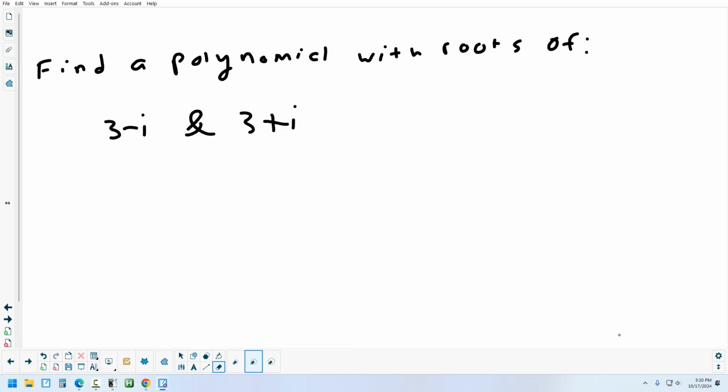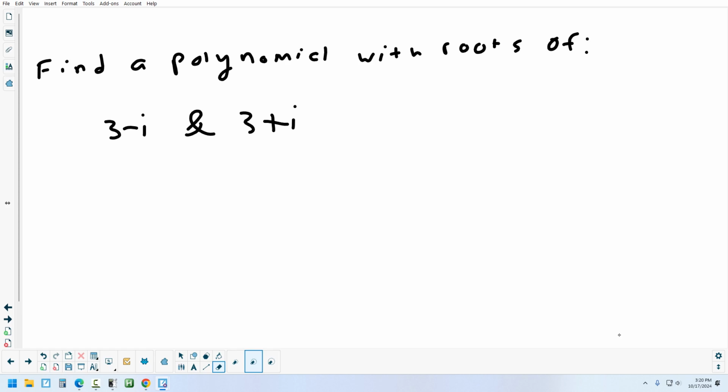Okay, so in this one we're going to find a polynomial with certain roots. In this case, both of the roots are complex. If they only give you one root, remember, complex roots always occur in pairs, specifically conjugate pairs.